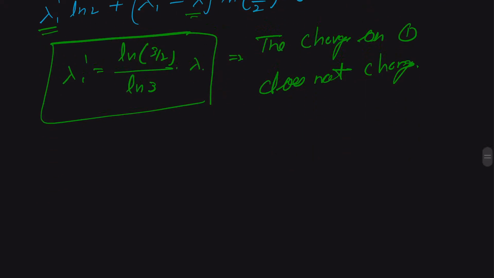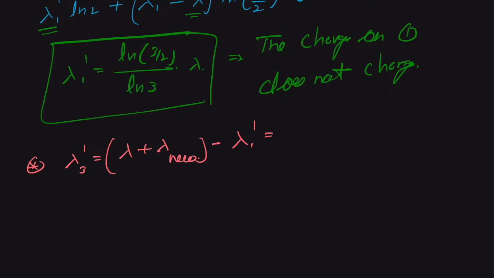And now we can find out for our shell number 3. We can say that our lambda 3 prime is equal to our lambda plus lambda nu minus lambda 1 prime.